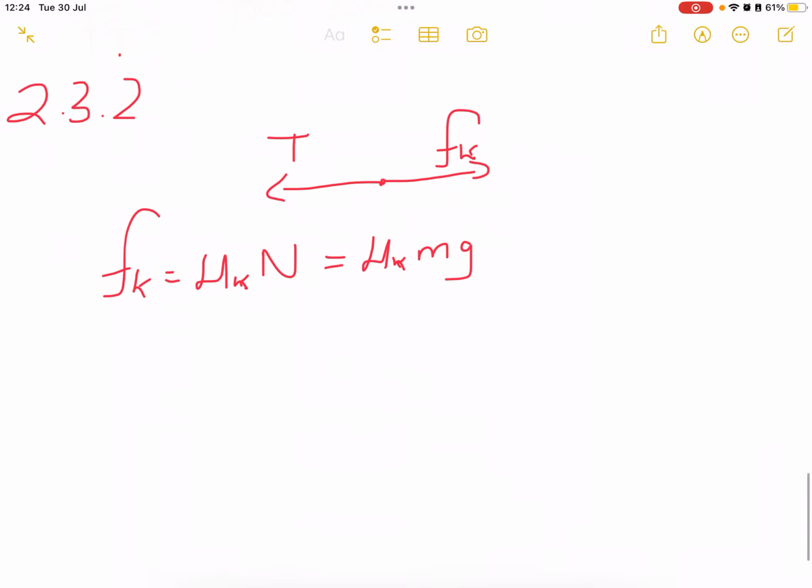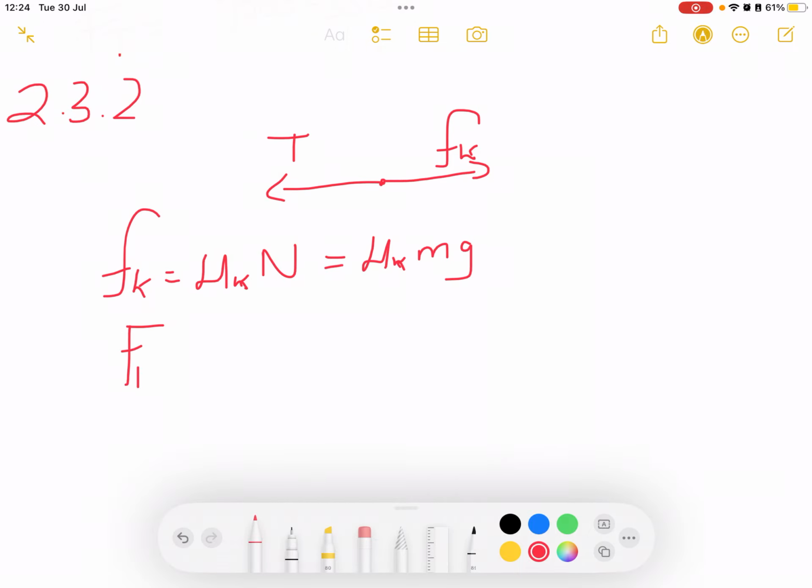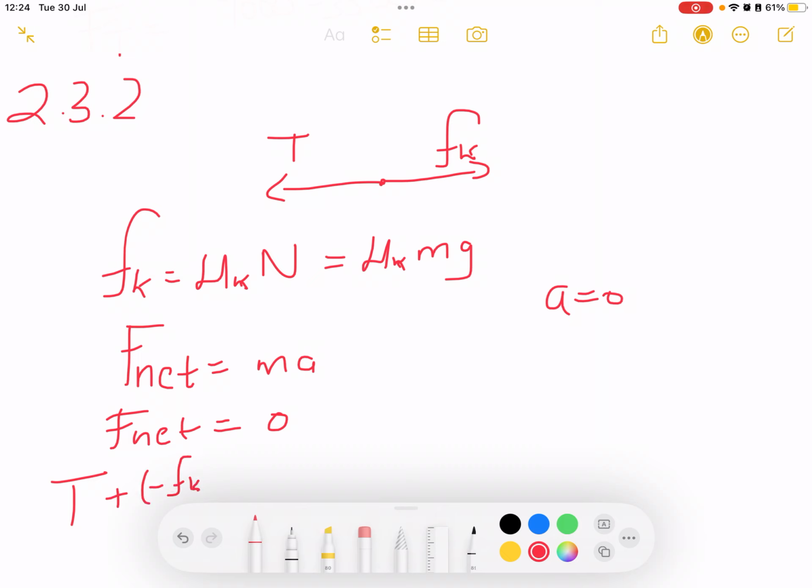So this means that F net will be equal to mass times acceleration, and a is equal to 0 because the car is also experiencing what? Constant velocity. So F net is equal to 0, and the tension is positive plus a negative kinetic friction, which is equal to 0.